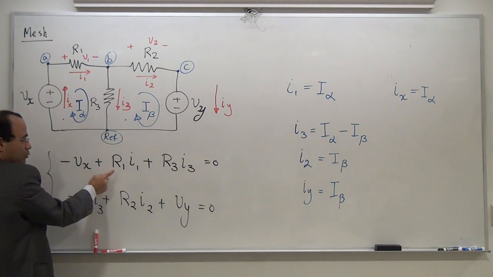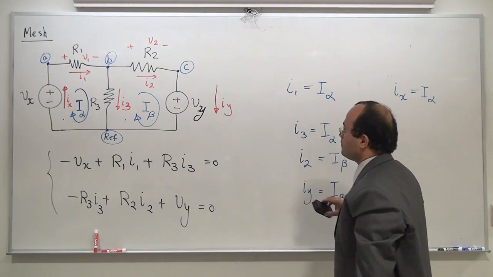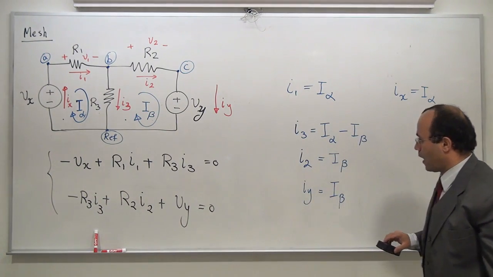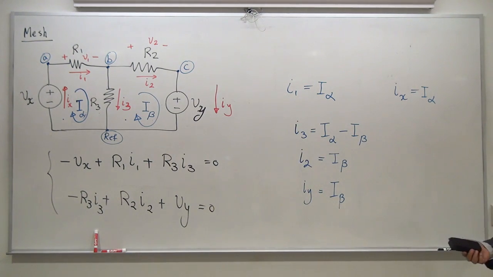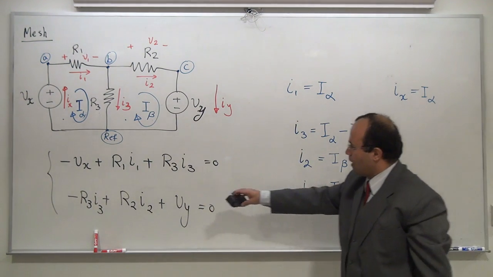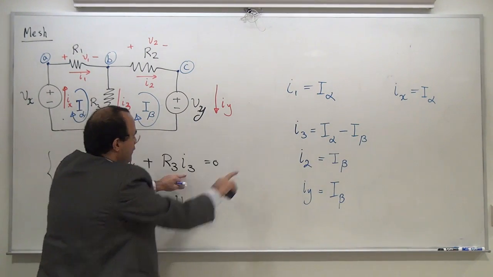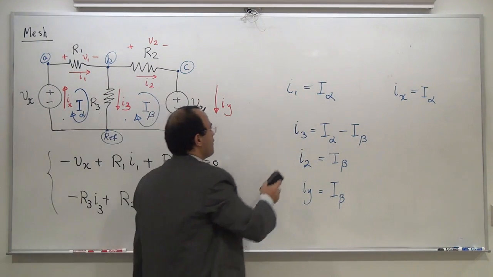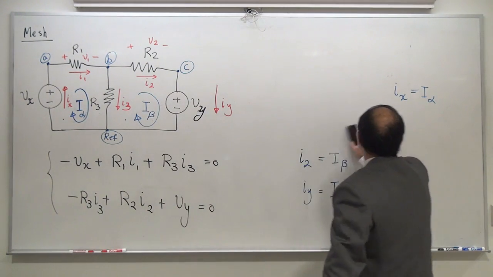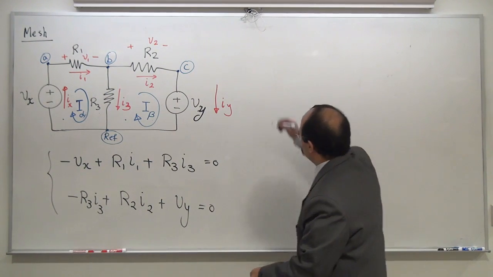Let me put this in and see if we can get a mechanism in place. I need you to keep this in mind in your notes, please. But I'm going to erase this. I'm going to replace I1 with I alpha, I3 with I alpha minus I beta, and I2 with I beta, and then come up with a strategy to write the equations. So let's see.